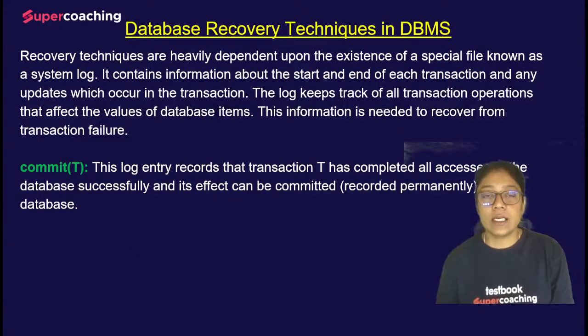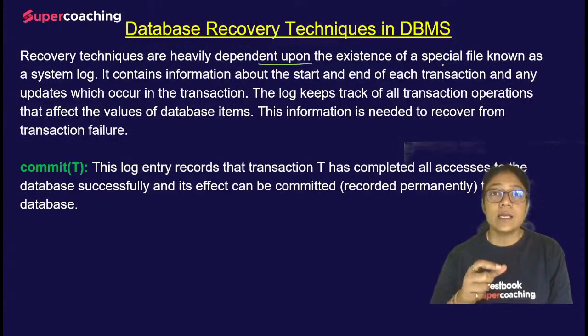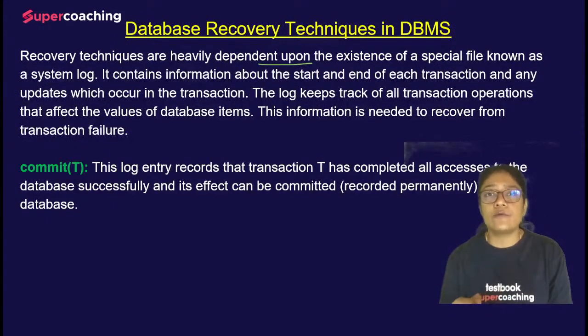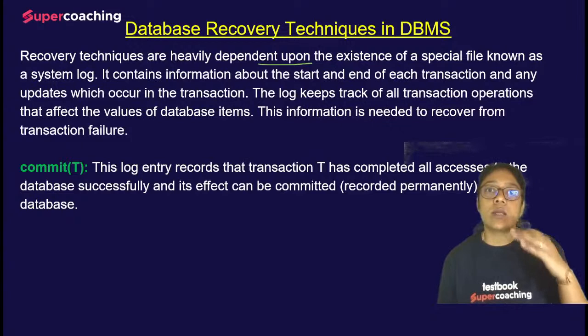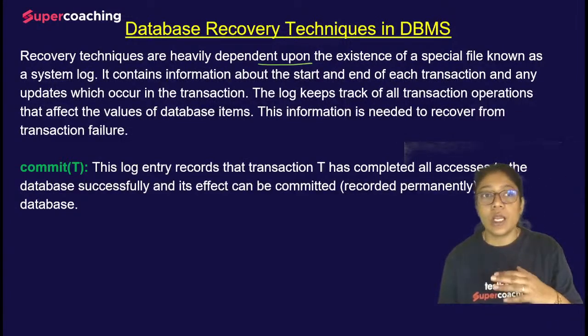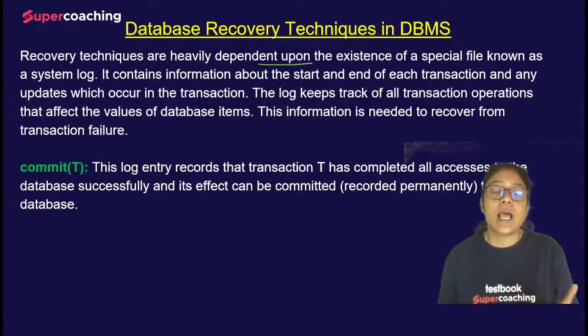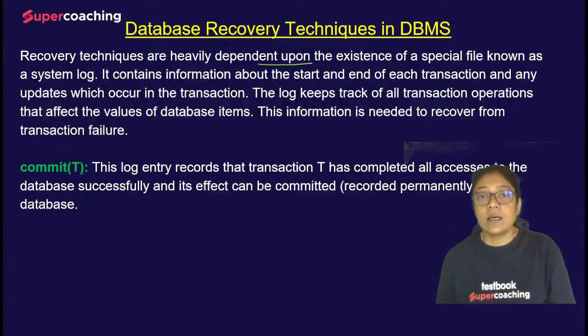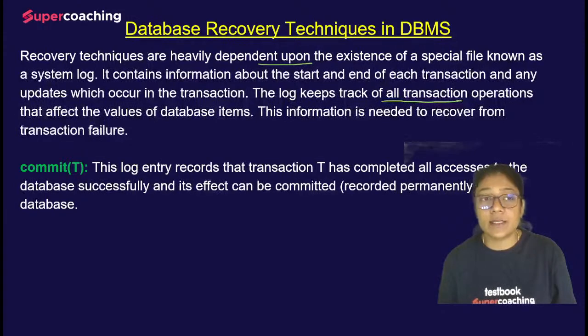So recovery techniques are heavily dependent upon the existence of a special file that is known as the log file. Basically, the system log contains all the information about a transaction: when the transaction started, when it finished, and what updations have occurred in that transaction. So these log files keep track of all the transaction operations that affect the values of the database items.